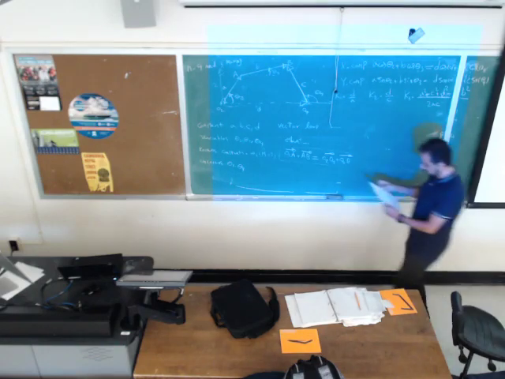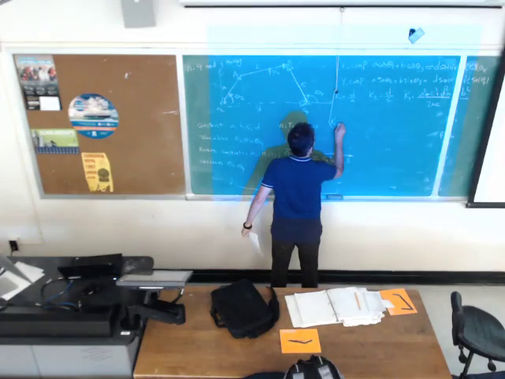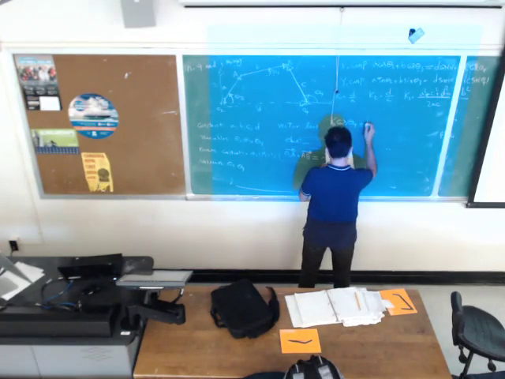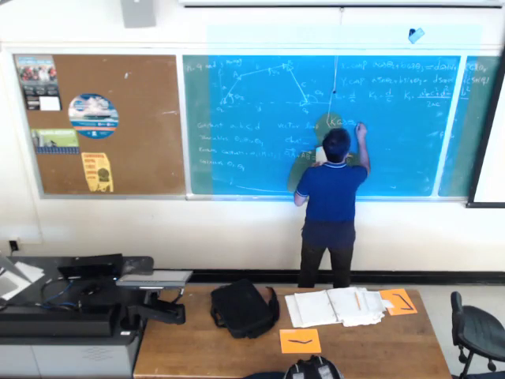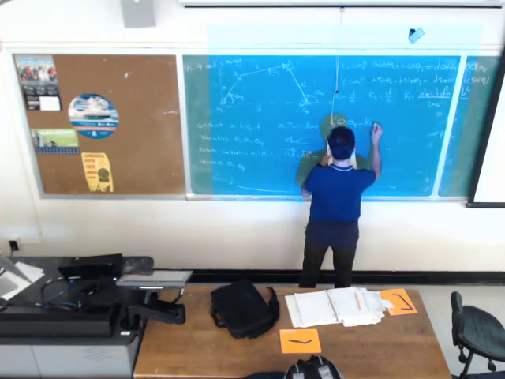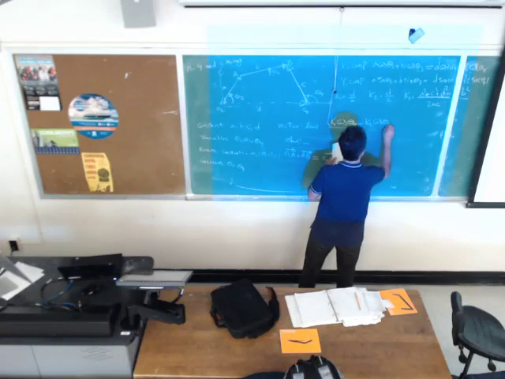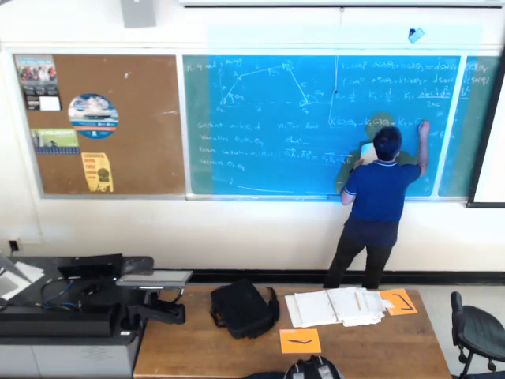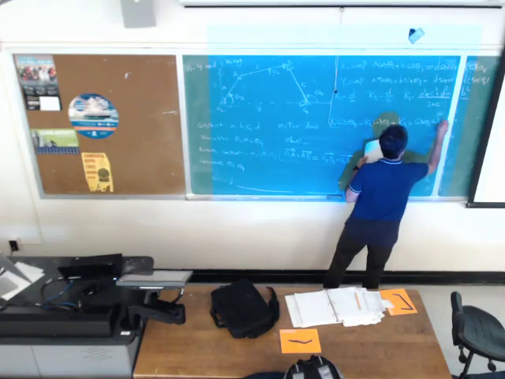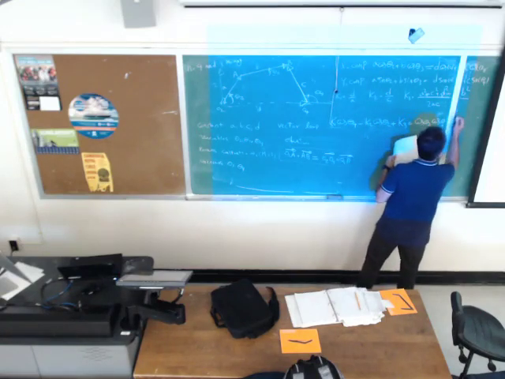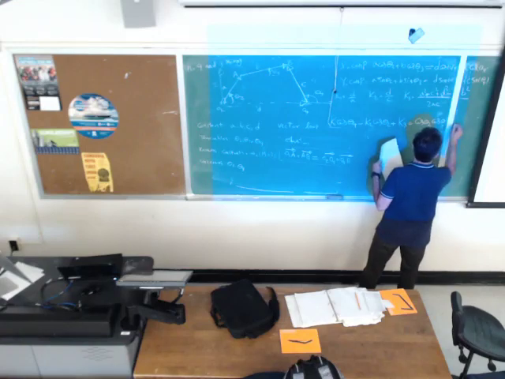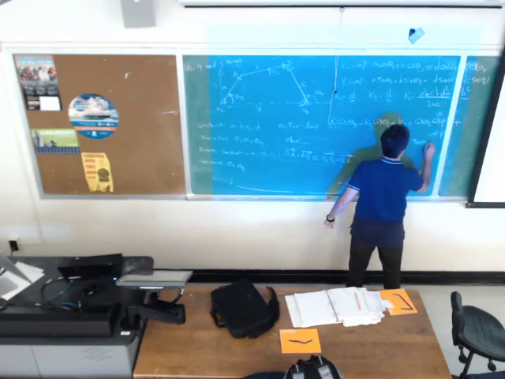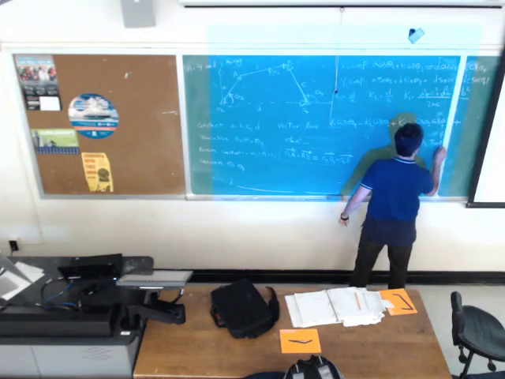So it gives me K1 cosine of theta 4 minus K2 cosine of theta 2 plus K3 equals cosine of theta 2 cosine of theta 4 plus sine of theta 2 sine of theta 4.